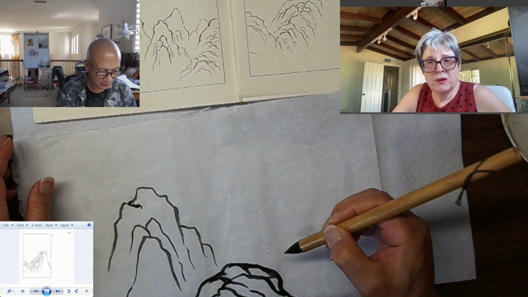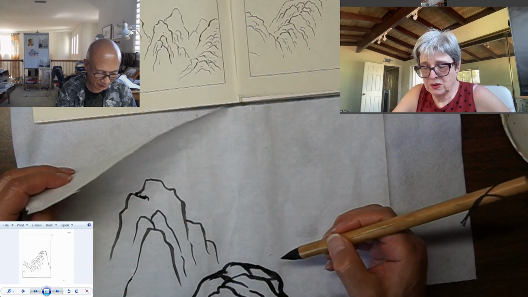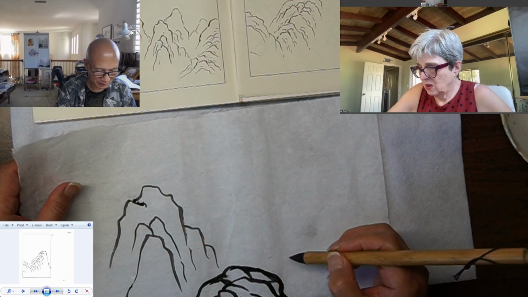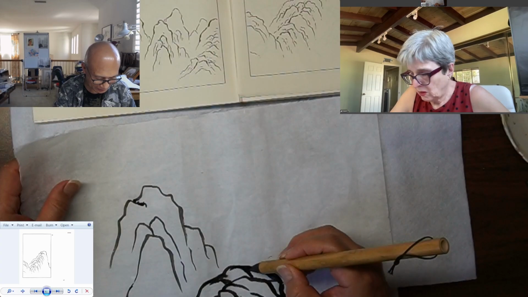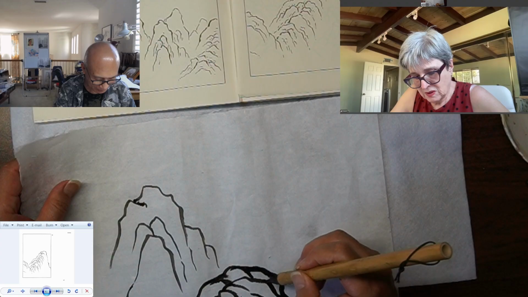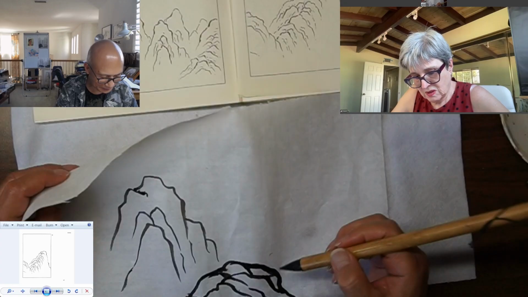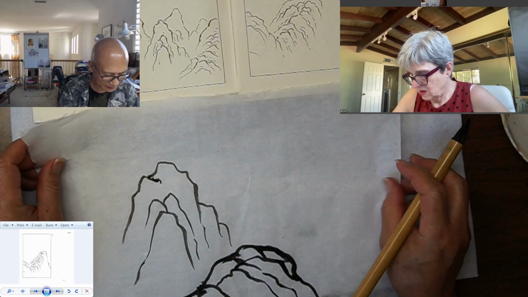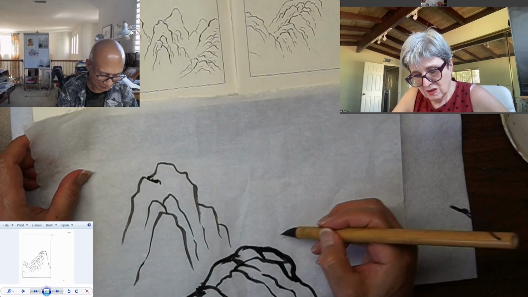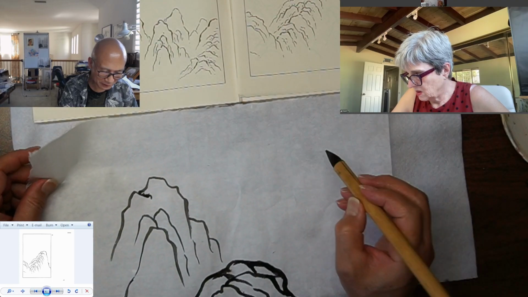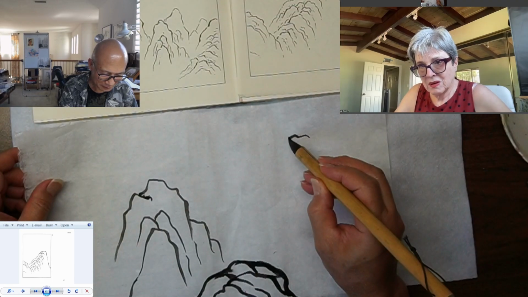The large mountain on 157. Yeah, maybe including this one. It could have this. This is the base of the host. So if we want to make it clear, we can just do it like this.